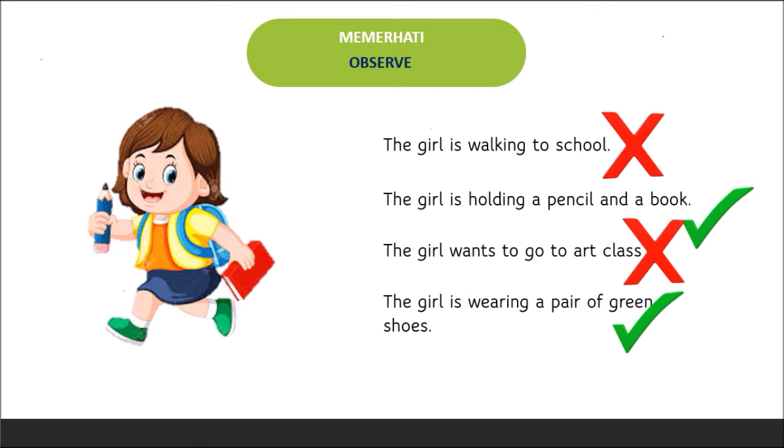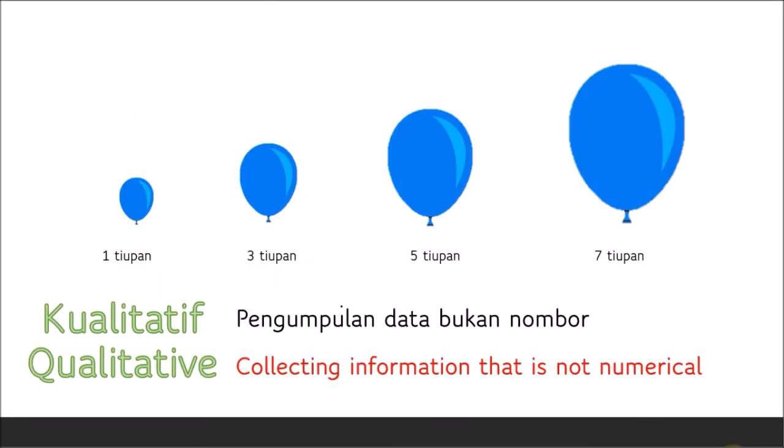the data. There are a few ways to make an observation, depending on the picture or the data you've been given. There are 2 types of observation. The first one is qualitative. What is qualitative observation? It is collecting information that is not numerical, or that we make using the senses.